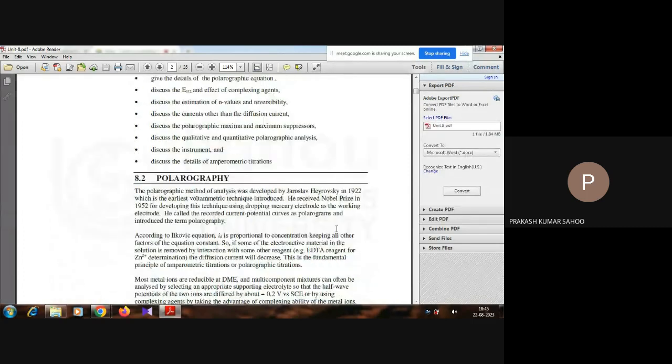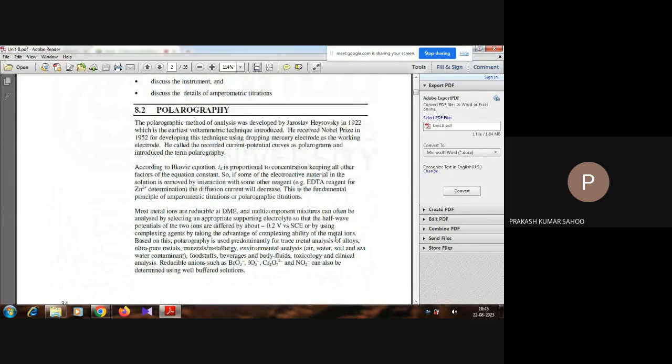I will not repeat it again. Then we have what is polarography. It was discovered by Jaroslav Heyrovsky in 1922, for which he was awarded the Nobel Prize in 1959 for developing this technique using the dropping mercury electrode. So this is a Nobel Prize level concept.